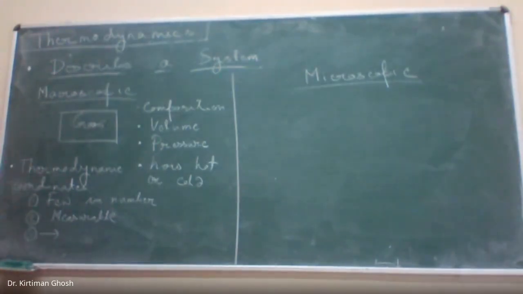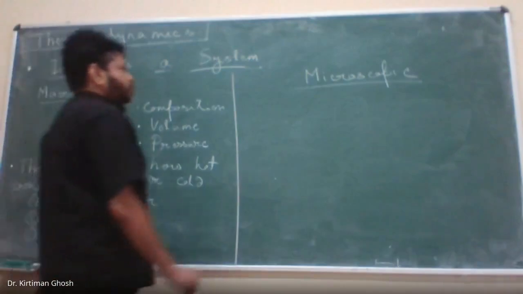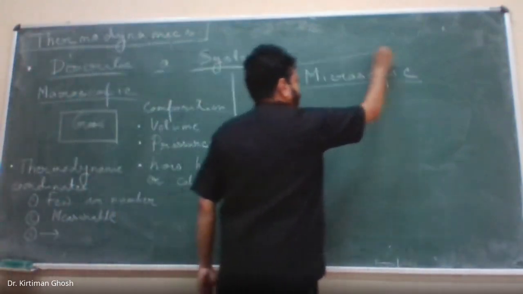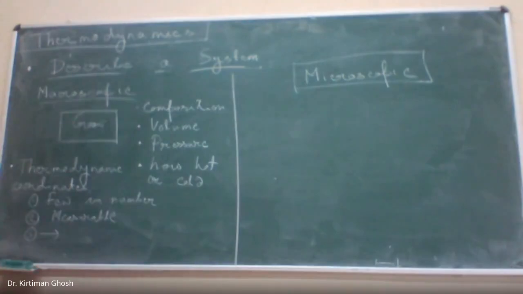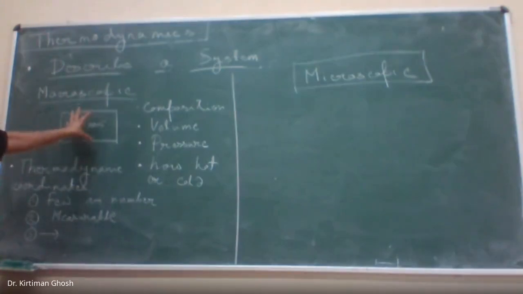Okay, so this is the macroscopic description. Now comes the microscopic description. We will not focus on this description in this course, but we need to understand the difference between macroscopic and microscopic description. So microscopic description defines a system at a deeper level. Let us assume that we take this particular system, a container of different gases.